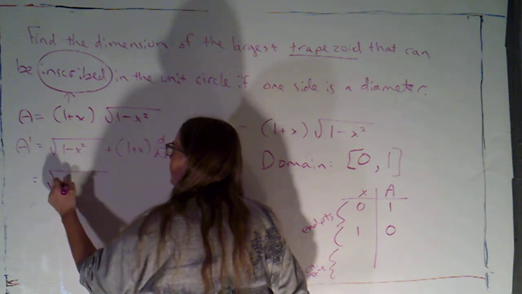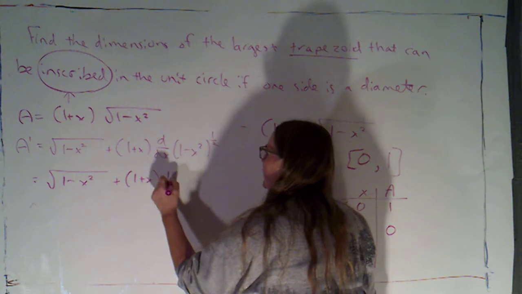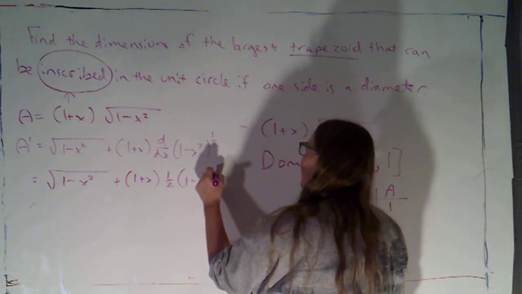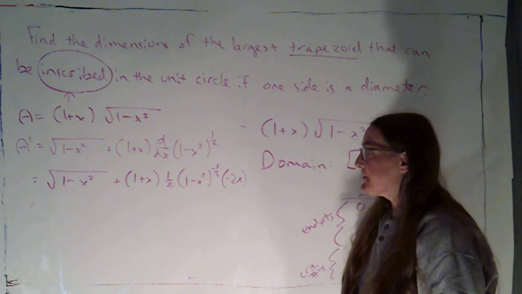So we'll get the square root of 1 minus x squared plus 1 plus x times 1/2 times 1 minus x squared to the negative 1/2 times a negative 2x.